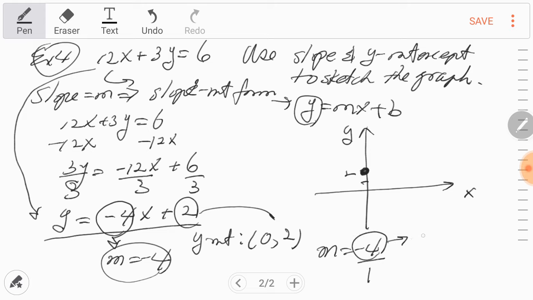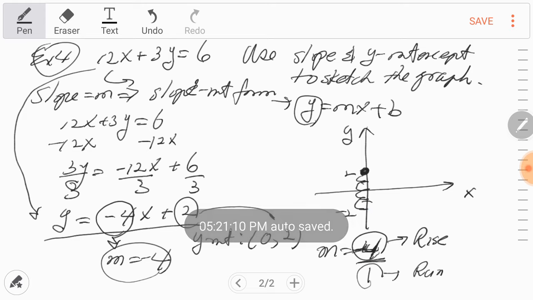Negative 4 is the rise part, and 1 is the run part. Negative means vertically move down, so I'm going to move 4 units down: 1, 2, 3, 4, to negative 2.